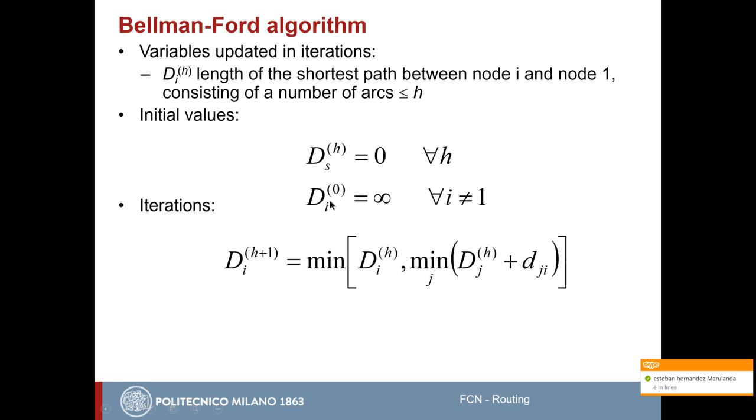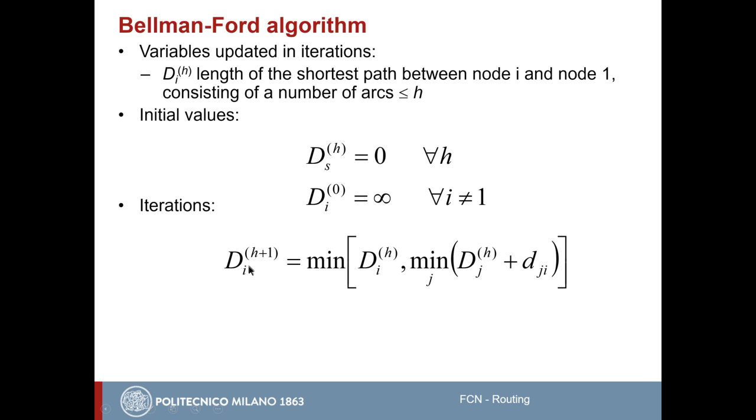The core of each iteration is this expression here. This is the expression that tells you how to update, in iteration h plus 1, the D variable of a generic node i, starting from the values of the D variables in the previous iteration.